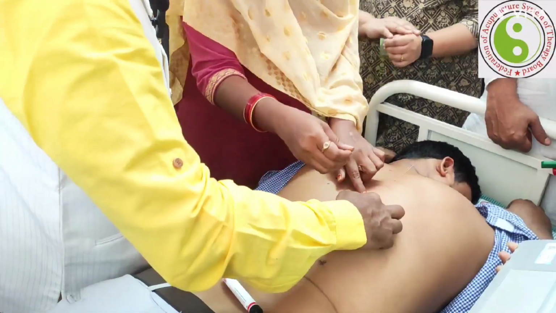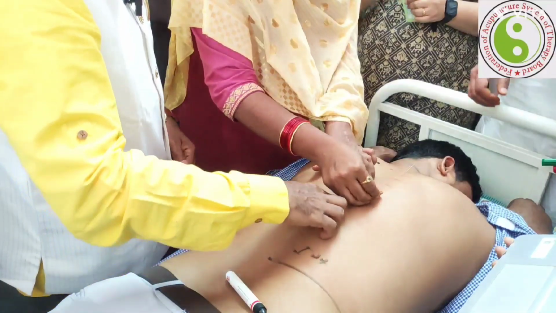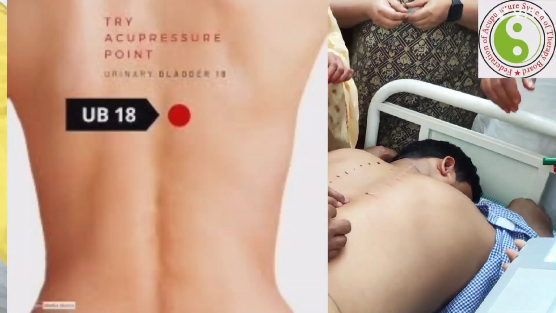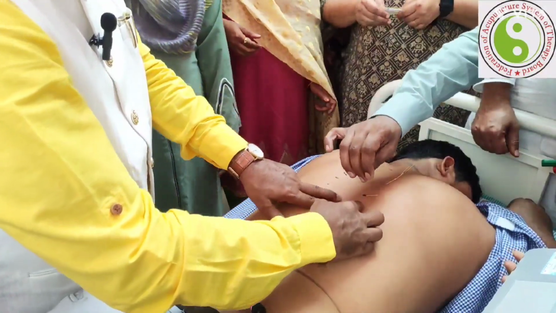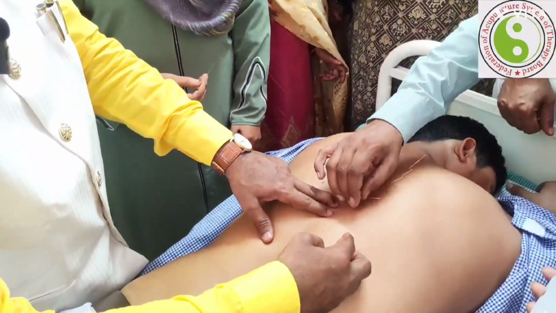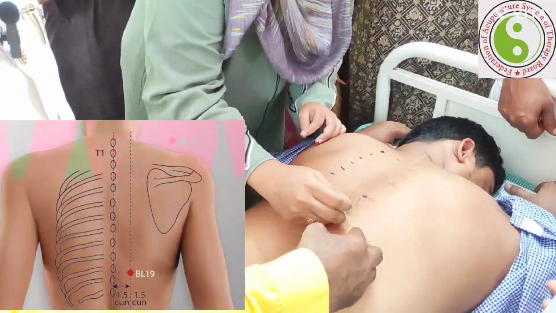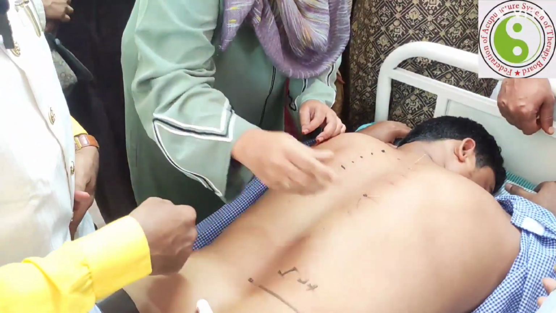Here you apply UB17. Yes, UB17. Then please apply somebody UB18. Yes, UB18. Then UB19. Good, towards the spine, UB19.